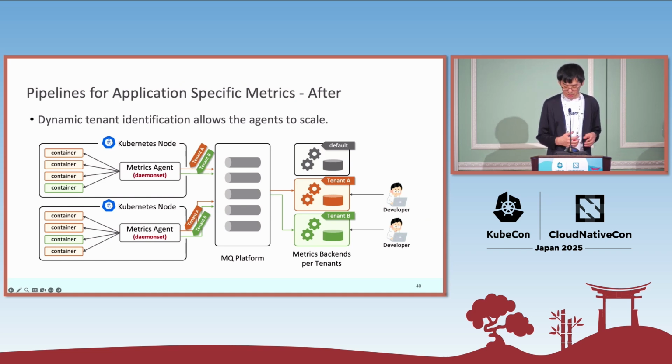We implemented another extension to the agent to enable a single agent to handle metrics from multiple tenants by identifying tenants from each metric. This allows us to switch to deploying the agents as a daemon set, because each agent only needs to collect metrics from containers on the same node. Since the agents run as a daemon set, they can naturally scale as the cluster grows.